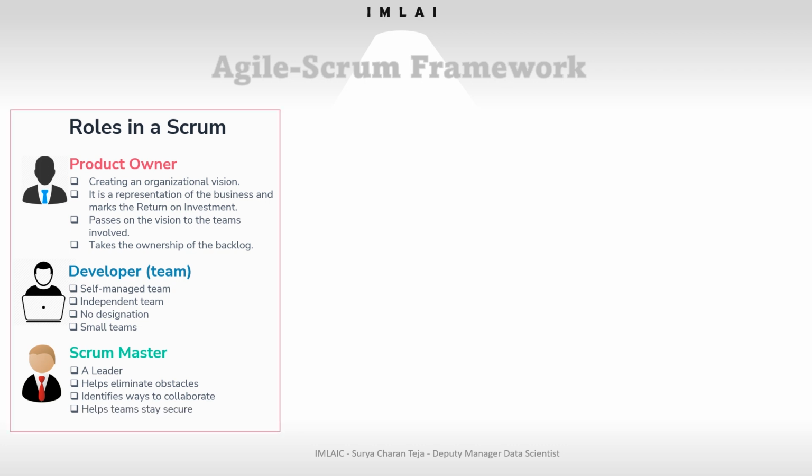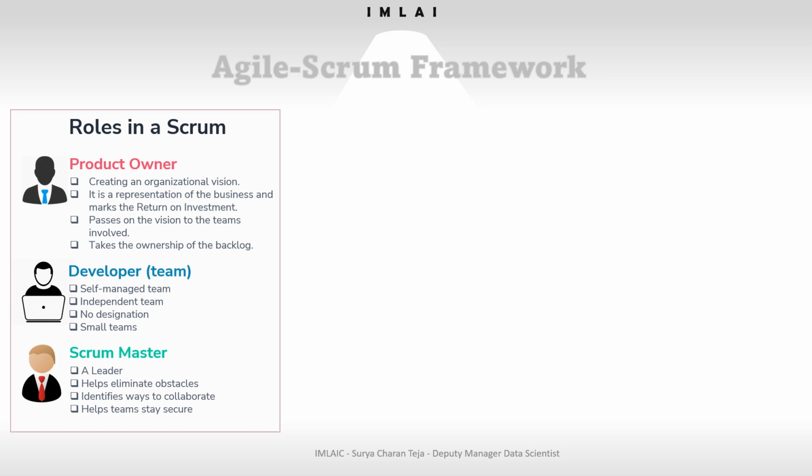And the Scrum Master is the one who helps teams stay secure, ensuring that no external factor can influence the team in any way. It seems the Scrum Master has all the authority to do a lot of things. No, not at all. A big no. The Scrum Master has his limitations.